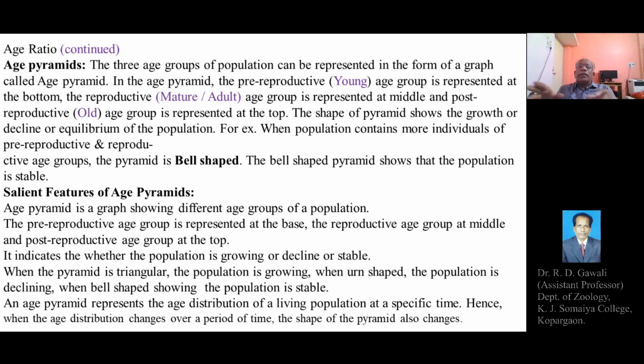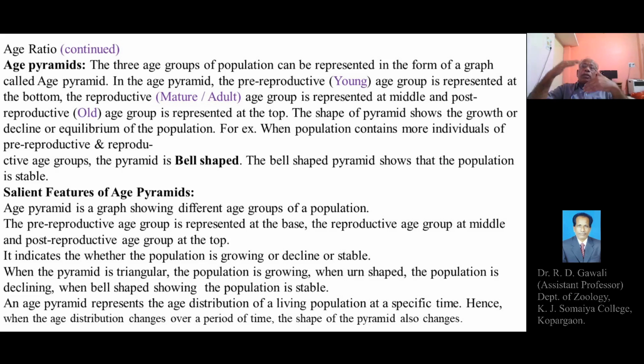Now we'll explain it a little bit again. A population has a definite number of individuals with different age groups: pre-reproductive or the young group, then reproductive or the adult individuals, and a third group of the old or post-reproductive individuals.